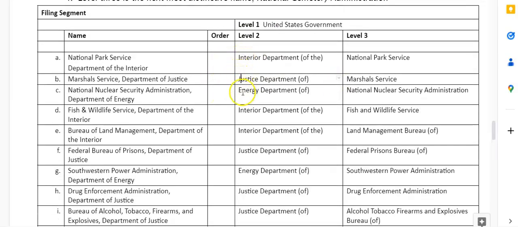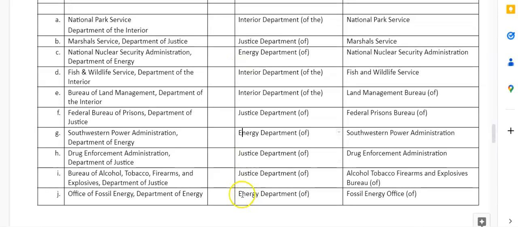So I have an I, a J, I have an E here, another E, and finally another E. Because we have about 3 Energy, Department of, I then need to look at level 3. For this one, I have an N, this is an S, and here I have an F. So the Energy, Department of, Fossil Energy, Office of, is going to be filed first. And then the Energy, Department of, with National Nuclear Security is next because the N in National is before the S in Southwestern.